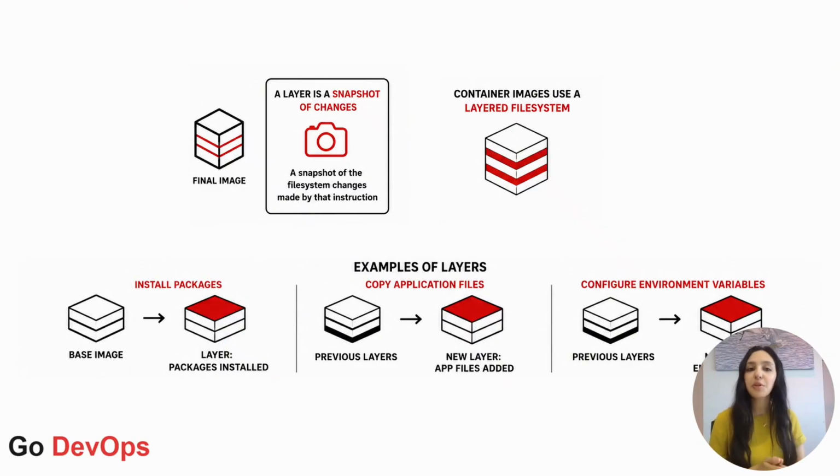If I configure environment variables, a new layer again. And this is extremely important because container images use something called a layered file system. This is one of the reasons why containers are fast and efficient, because layers can be reused, cached, and shared between containers.